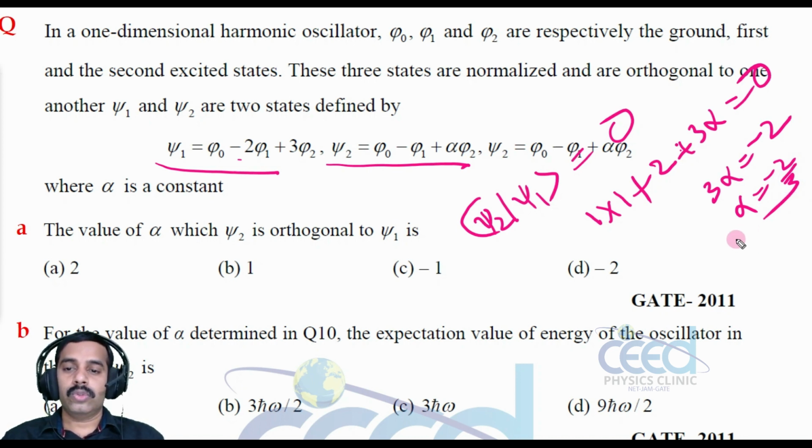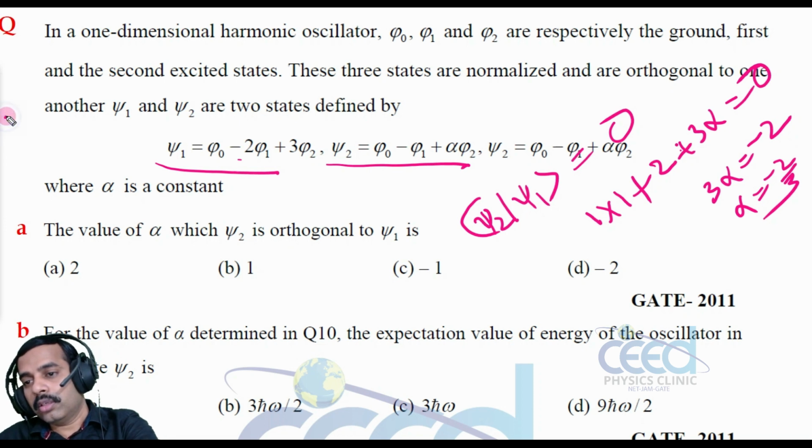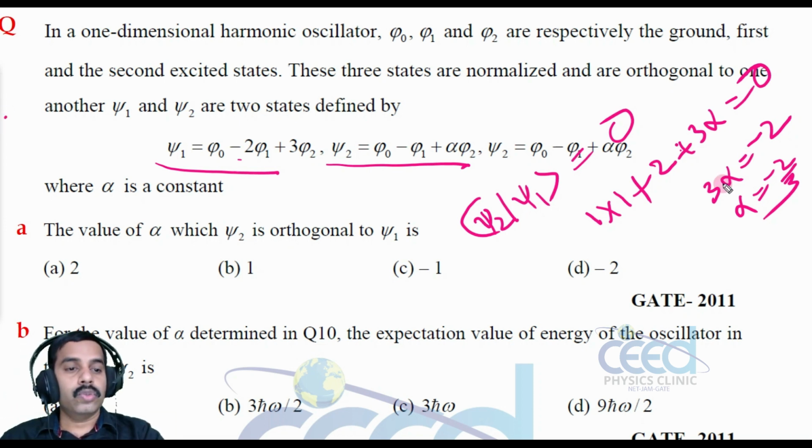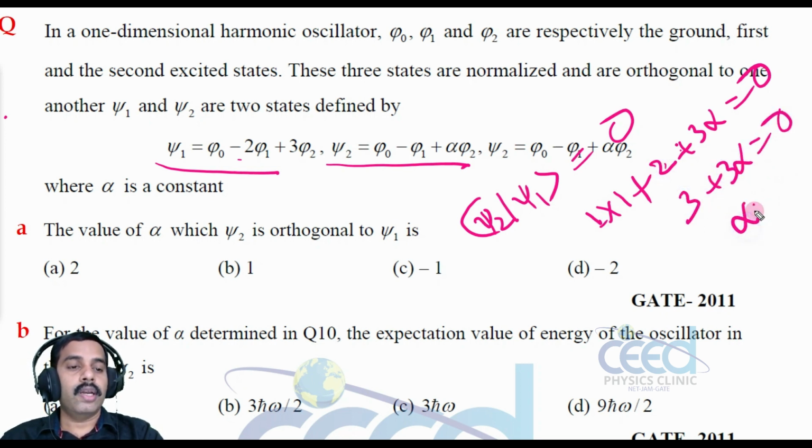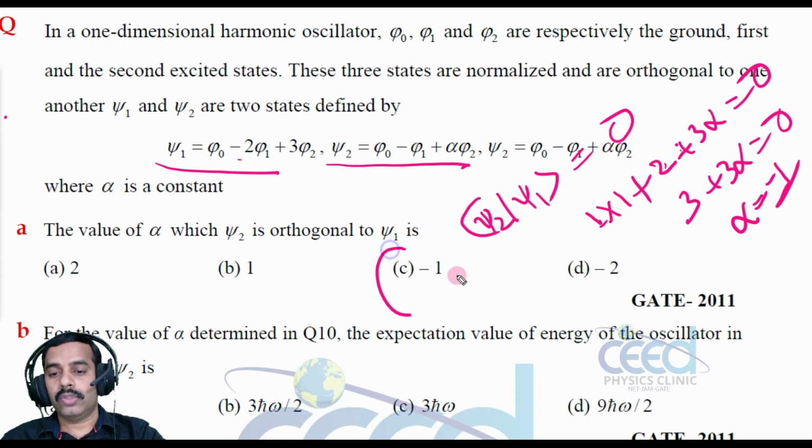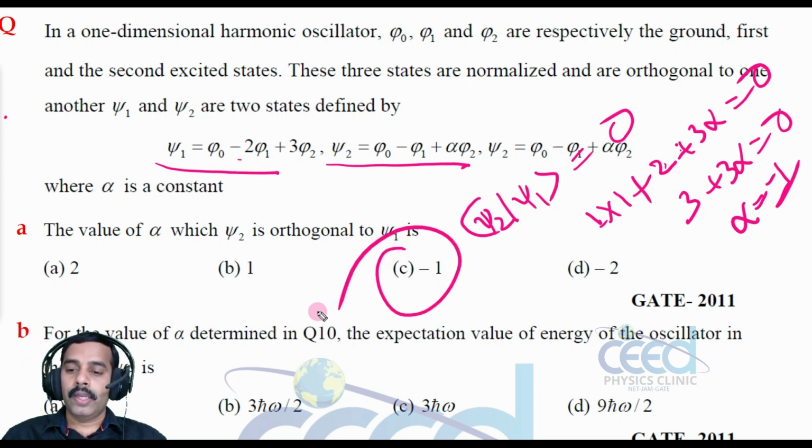So look into this. Is it correct? 1 plus 2, I am sorry, it is 3, right? 1 plus 2 is equal to 3. So this part was a calculation error. 3 plus 3 alpha is equal to 0, then alpha is equal to minus 1. So this is the answer, right?